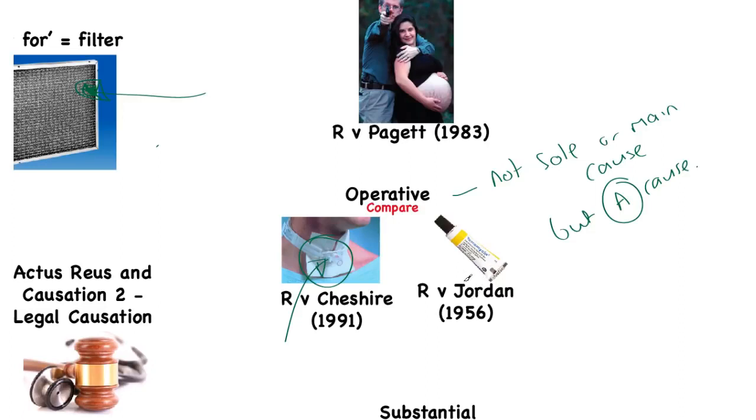And in Jordan, the defendant stabbed the victim, and the victim died from bronchopneumonia. He died about a week later in hospital when the original wound was healing well. Now, remember our timeline? The original injury is now healing. As it is healing, the evidence at the trial effectively said that the bronchopneumonia was more than likely caused by the victim's unusual reaction to a drug called terramycin.